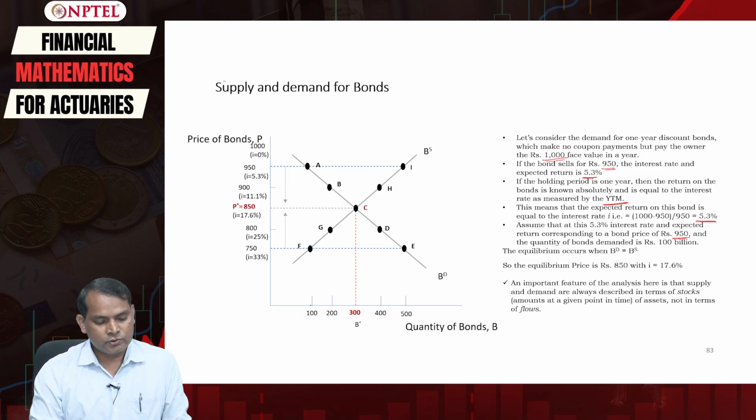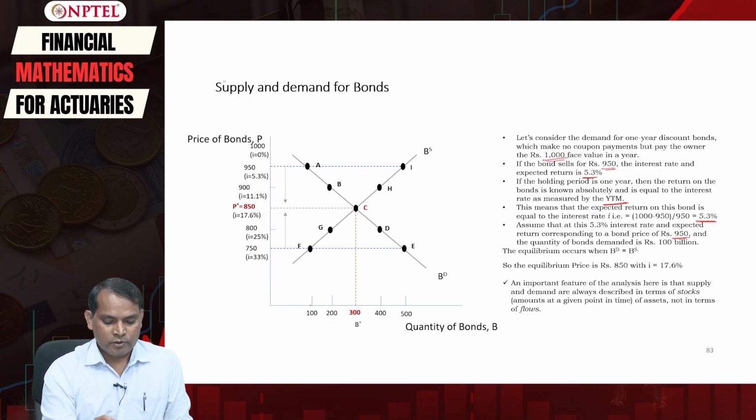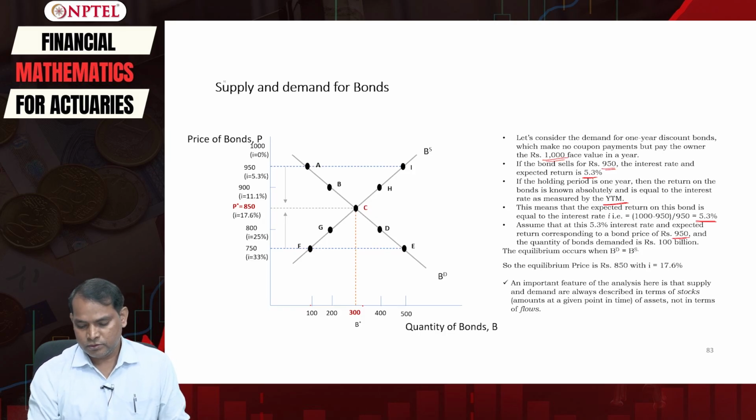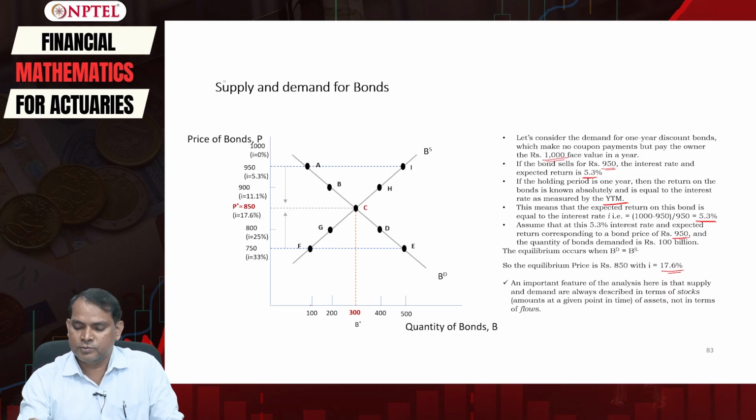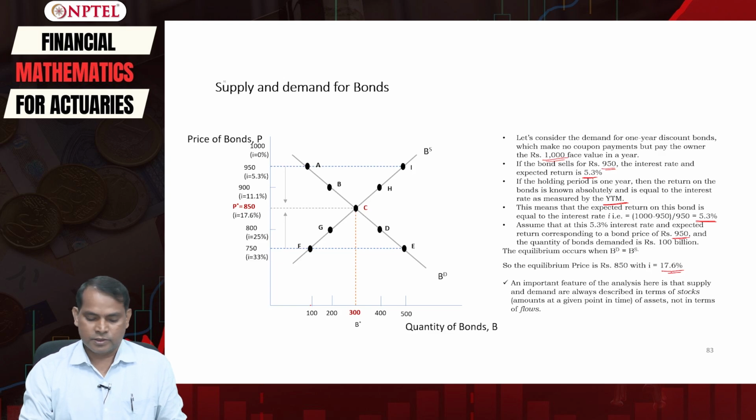The equilibrium occurs when demand is equal to supply, and therefore the equilibrium price and the equilibrium interest rate will become, when i is equal to 17.6%, P is equal to 850. So in equilibrium, the equilibrium price is 850. You can compute that when the price is equal to 850, i is supposed to be 17.6%. You can simply compute 1000 minus 850 divided by 850, which gives 17.6%.